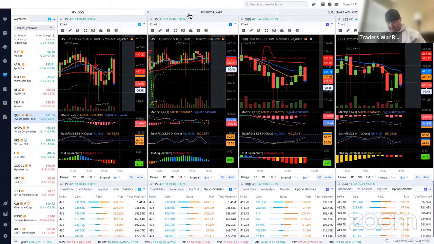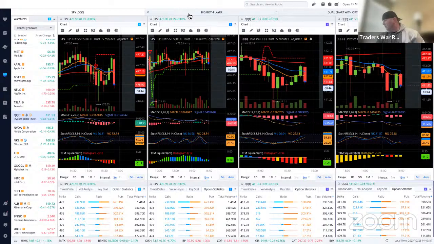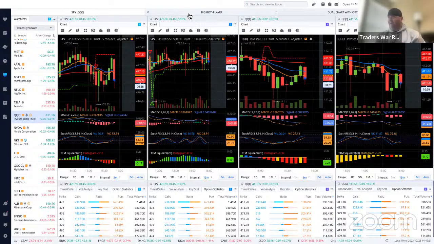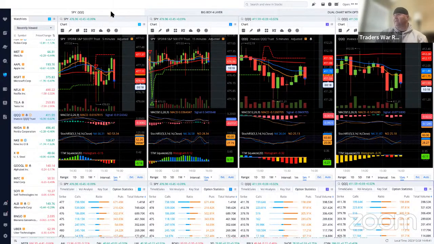And we're going to go with it. I'm going to trade SPY. Okay. You can trade Q if you want. I'm going to trade SPY. SPY currently is 476.97.